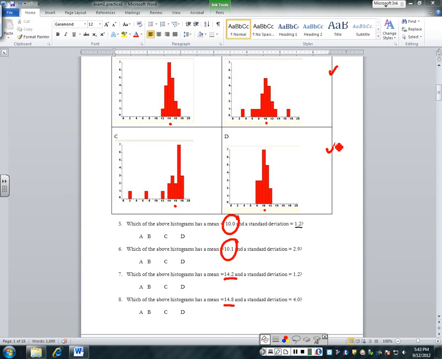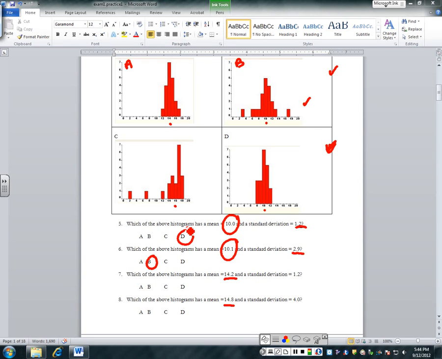And now we need to look at the standard deviations. The higher the standard deviation, the more spread out the data. So this one's going to have the higher standard deviation. So 6 is, I think, A and B there. It's B. And then this one, 10 and 1.2, is going to be D. Same thing on the other ones.